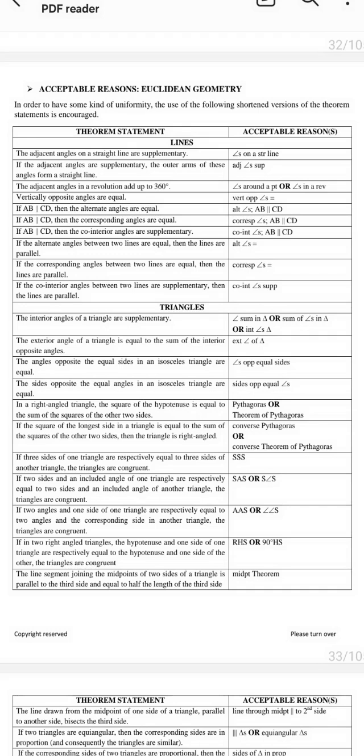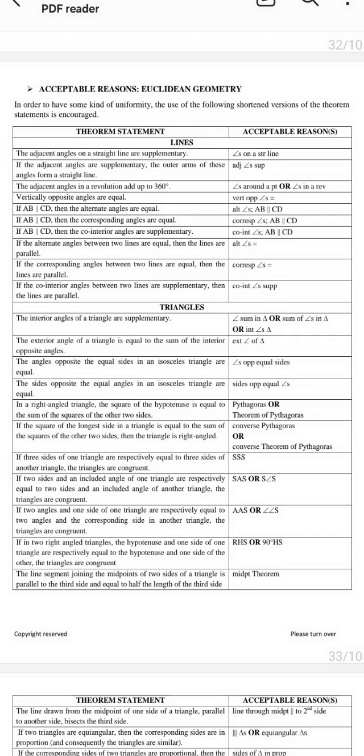Okay, so if you look at the first statement there on the left for theorem statement, hopefully you guys are all looking at this with me. It says the adjacent angles on a straight line are supplementary. Do you see that? The adjacent angles. So I told you guys that adjacent angles are angles that are next to each other. So these angles must be next to each other in order for them to qualify as being supplementary.